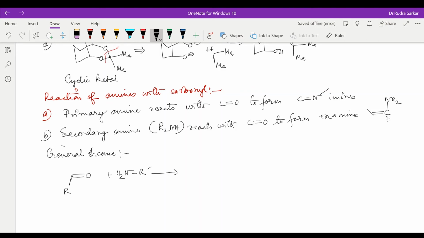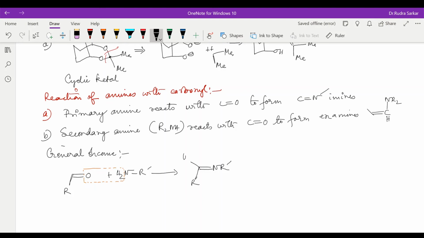Okay, some aldehyde. Okay, so obviously again think of taking out water. So just taking out water like this and try to make a double bond.